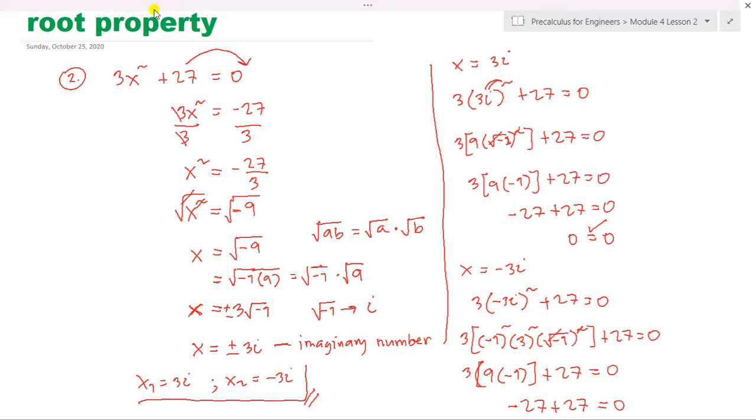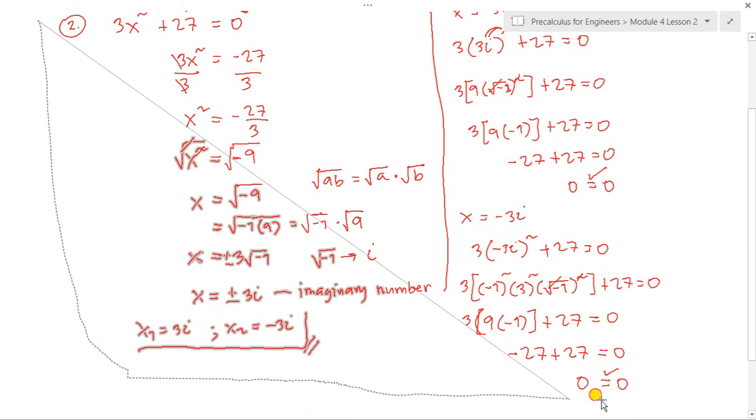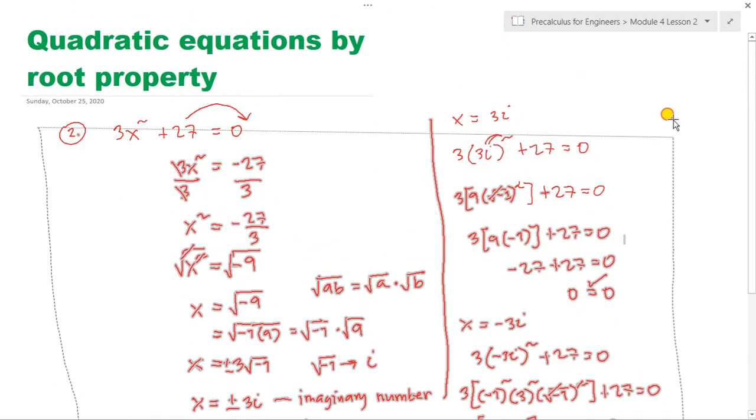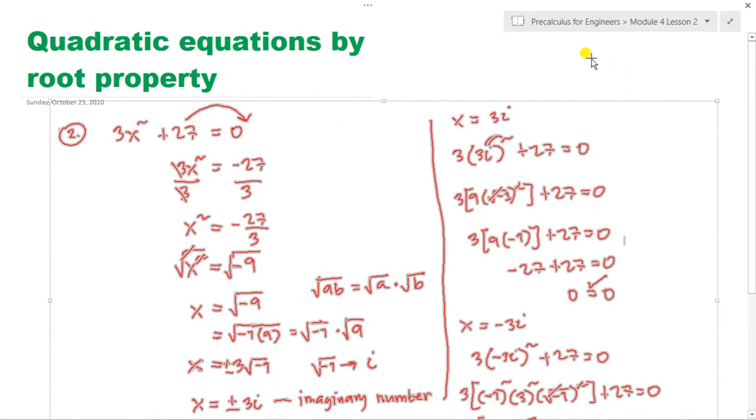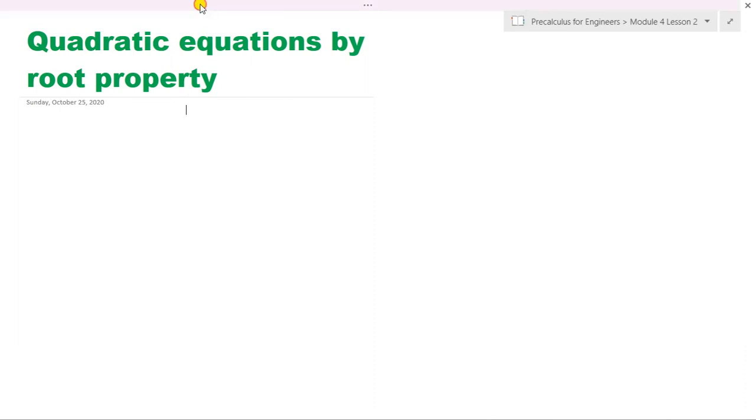So let's have another, our last example by this method, the root property method. So we have here our last example, example number 3. Let's say we have an expression inside the parentheses, (x plus 3) squared is equal to 16.